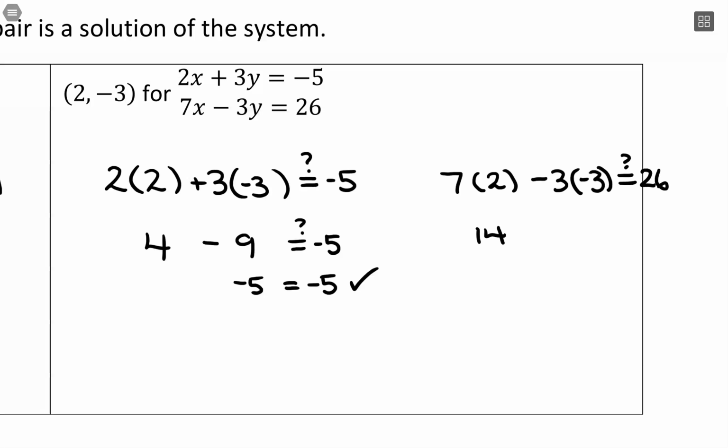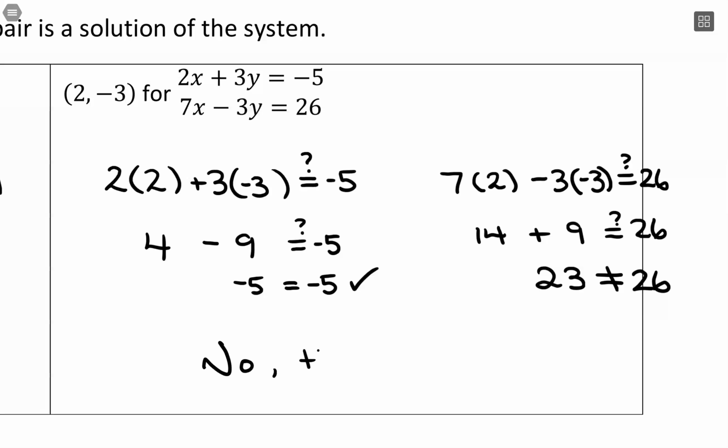So we have 14 plus 9, and does that equal 26? Well, 14 plus 9 is 23, and that does not equal 26. So that coordinate does not work for the second equation, which means it doesn't work for the system of equations. So no, this is not a solution.